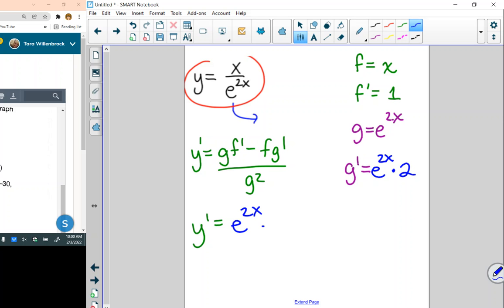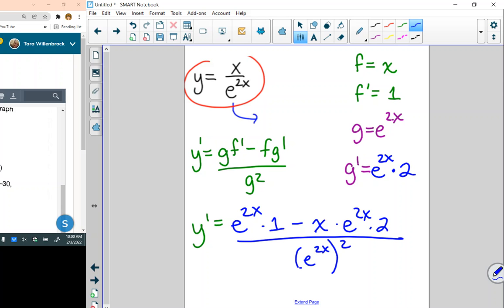So e to the 2x times 1 minus x e to the 2x times 2 over e to the 2x all squared. Okay. Let's get caught up on that if you're working along with me, or if you're checking your work.